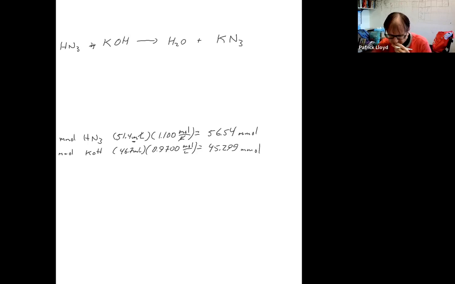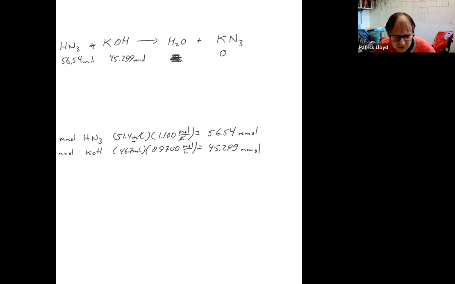I actually calculated these before, but I'm checking just to make sure I get the same numbers. So our initial amount is 56.54 millimoles here, and then 45.299 millimoles here. This is zero, right? There's none of this initially. Water, there's water in there, but we're not going to worry about water. I shouldn't use X because sometimes that means something different, right?